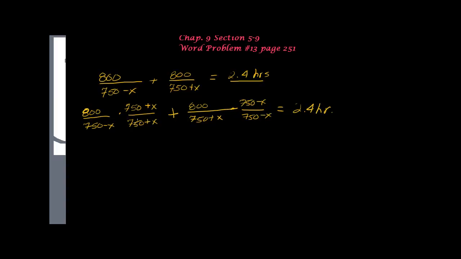Okay, now this is a quadratic, both top and bottom, which requires foiling. So this is 800, and I'm going to grab a different color here. This is 800 times that, 800 times that, 800 times this, 800 times this, and this foiled in the denominator.